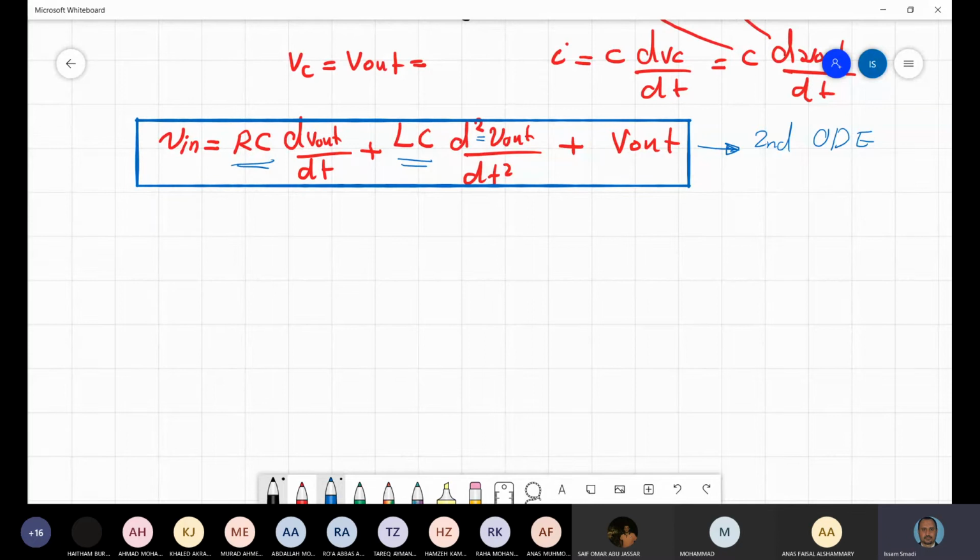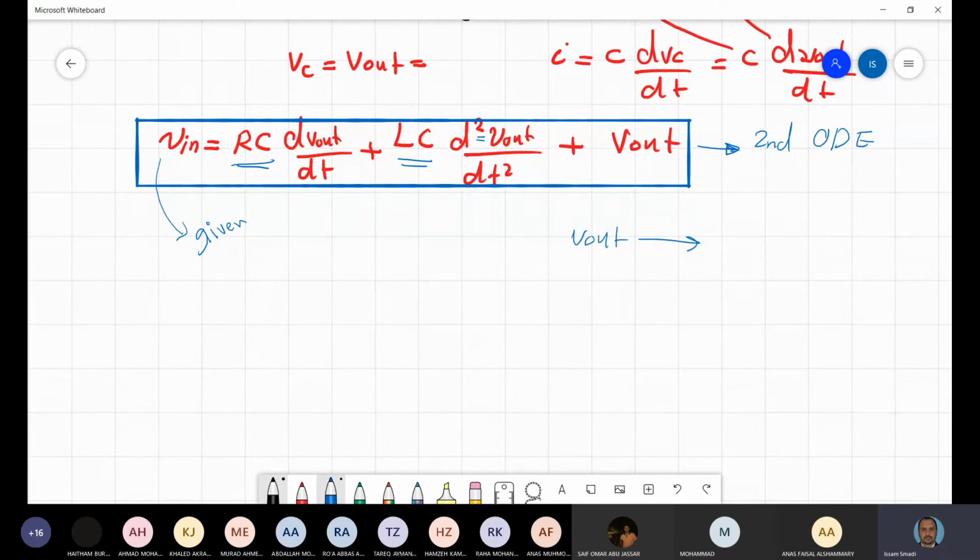Which means that given the input Vn, I need to find V out, correct? If I change Vn, I need to see what will happen to V out. If I reduce Vn, if I increase Vn, or what suitable Vn I need to impose on the system in order to achieve the desired V out, correct?